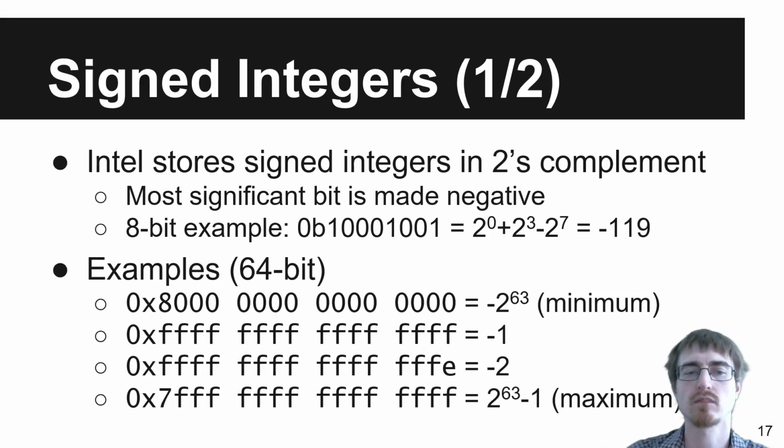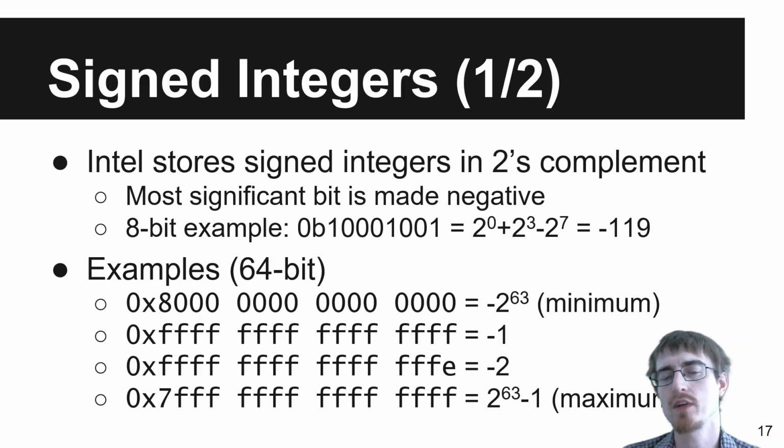Let's give a number of examples. These are all 64-bit numbers shown in hexadecimal. If we want to make the smallest number possible, we only set the most significant bit, which is the first example, 2 to the power 63. Only bit 63 is set.